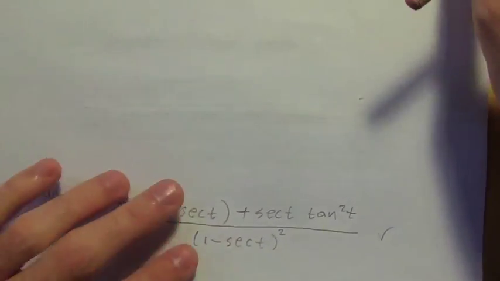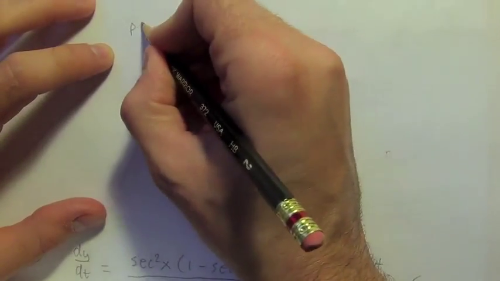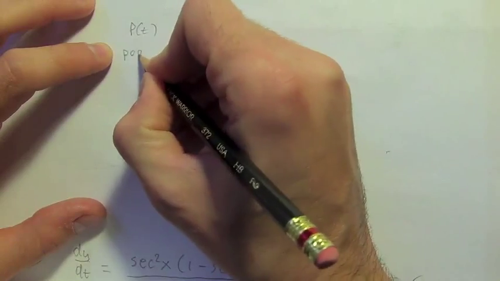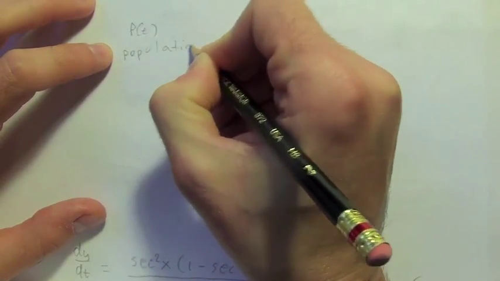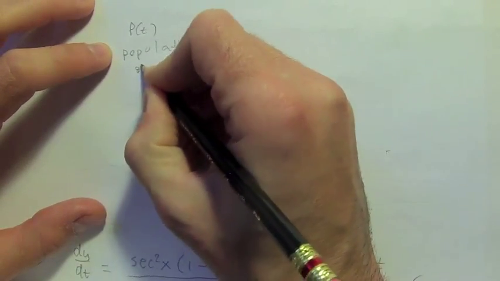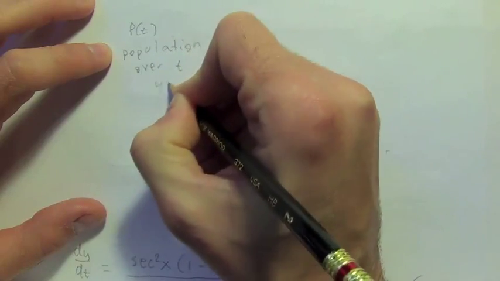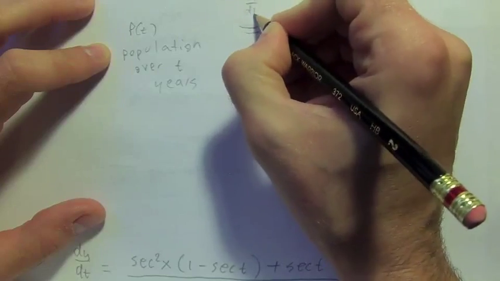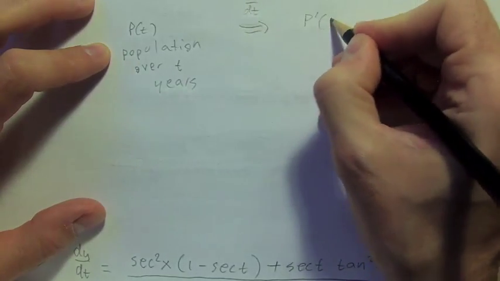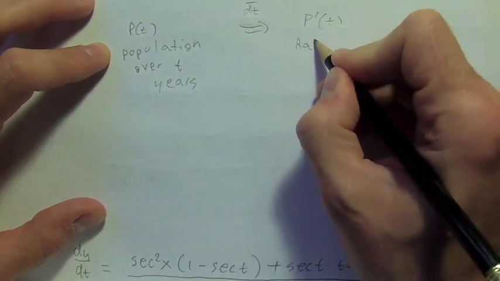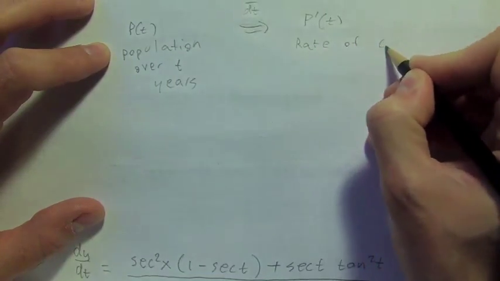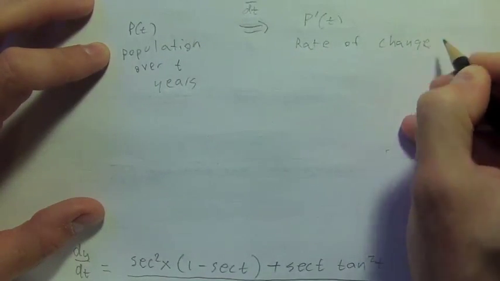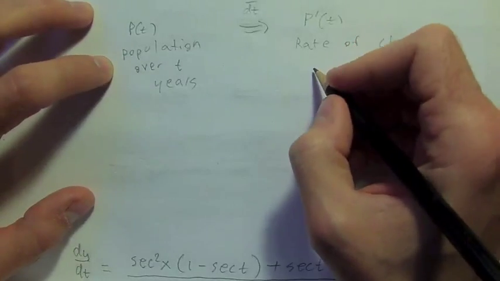So, for example, I'll just ignore this for now. Say I have p of t gives the population, right, over t years. When we take the derivative, right, p prime of t, well, this is the rate of change in population.